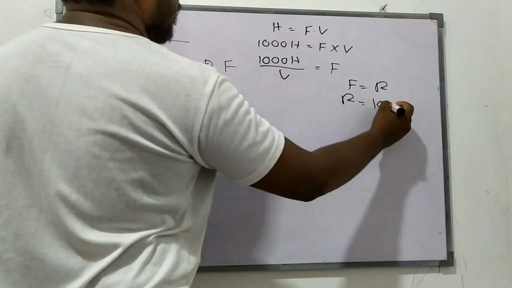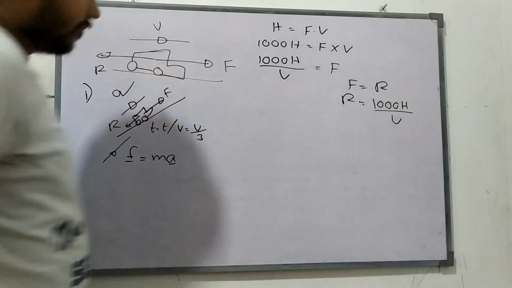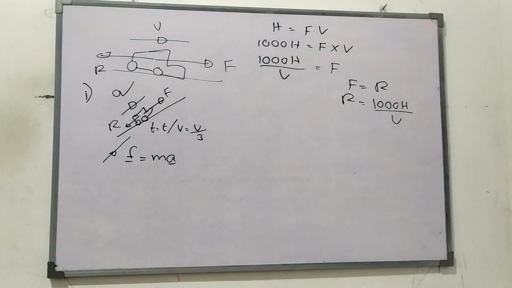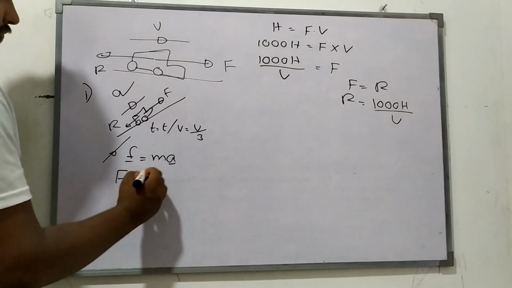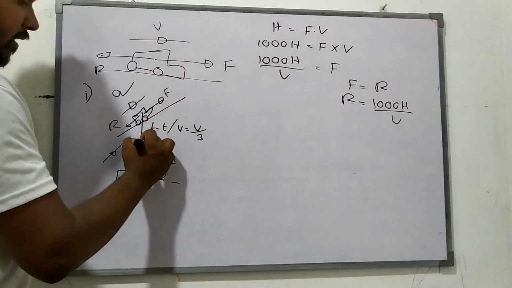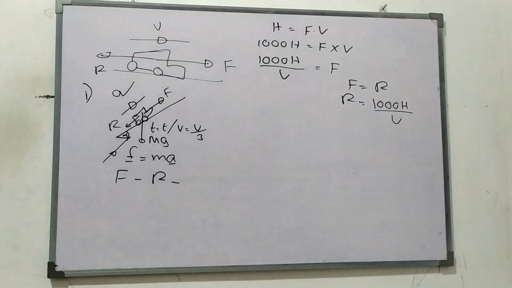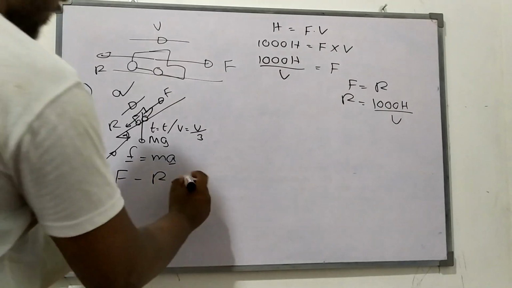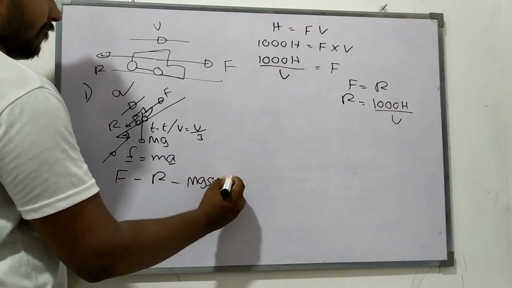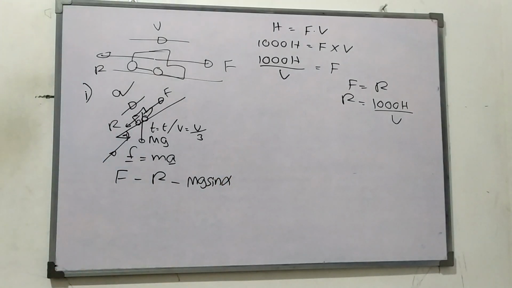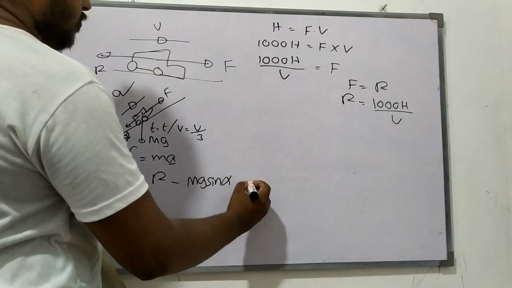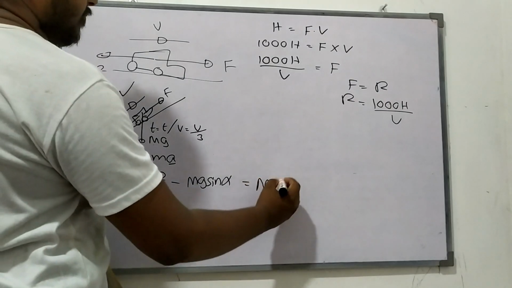Then R will be 1000 H over V. When we are applying F equal ma, then F minus R minus mg sin alpha equal to the mass times acceleration.